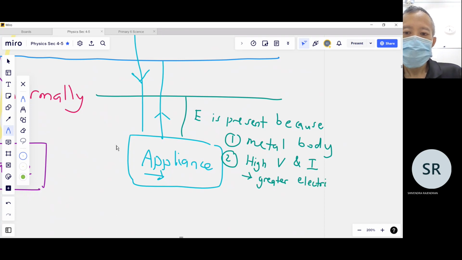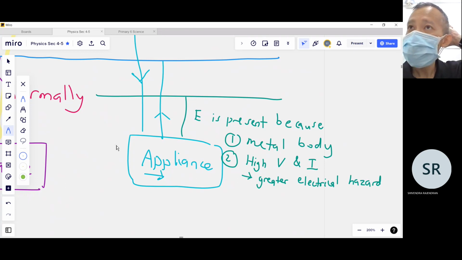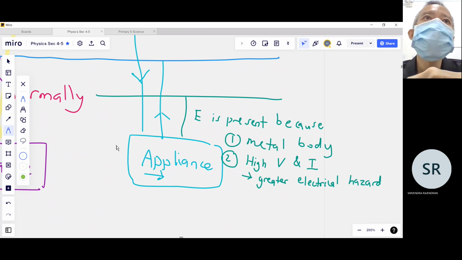So that's why you need the earth for protection. Look out for this. And of course, it goes without saying, your air conditioner, definitely you need the earth.